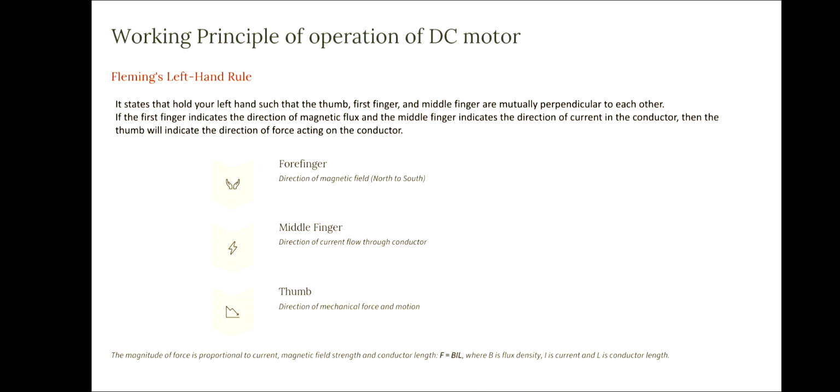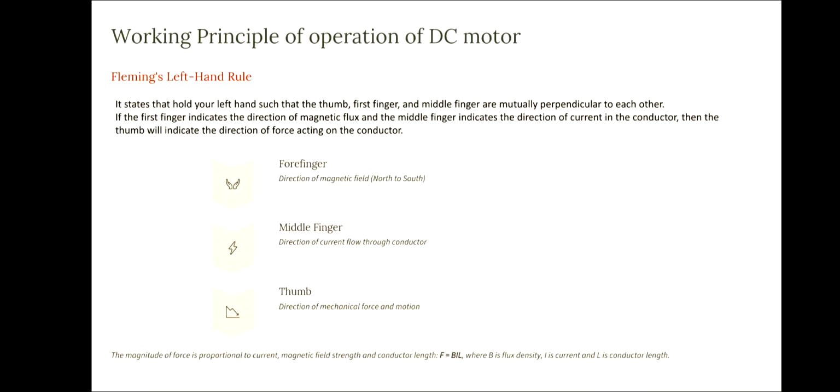Let us begin with the working principle of operation of DC motor. After construction, we need to see the working of DC motor. Well, DC motor works on Fleming's left hand rule. Now, you might wonder what Fleming's left hand rule is.